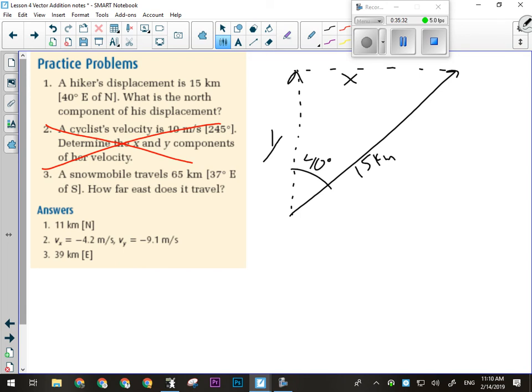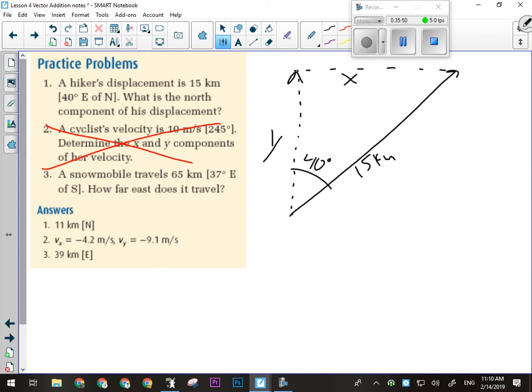So the Y component, or the north component, is which side of the triangle? It's the adjacent side. It's touching the angle. So to solve for that side, I'm going to use which trig function? Cos. Yeah.